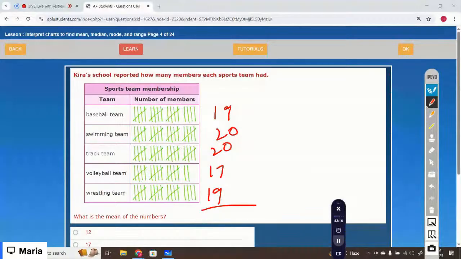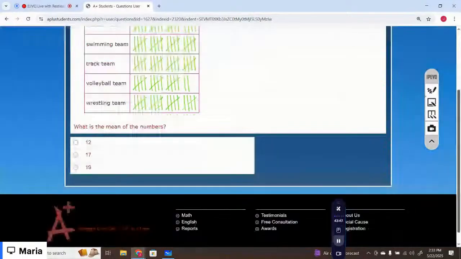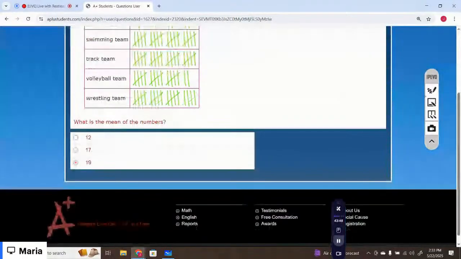So 19 plus 20 plus 20 plus 17 plus 19, that equals 95. So 95 divided by 5 is 19, so the correct option is 19. Option number 3 is the correct option.